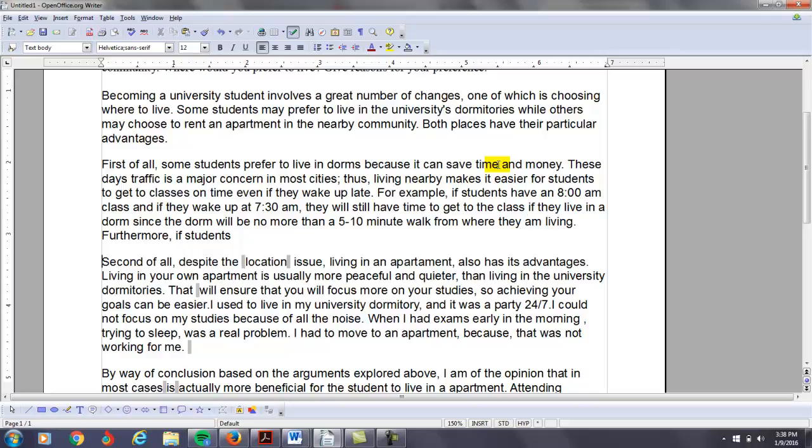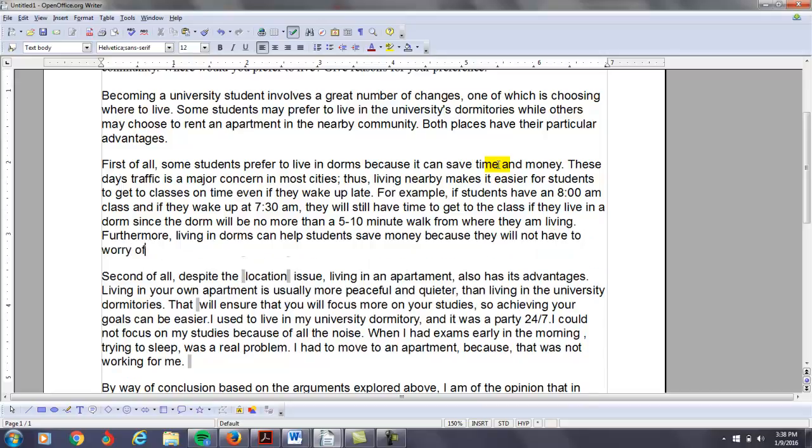Furthermore, living in dorms can help students save money because they will not have to worry about paying for transportation.